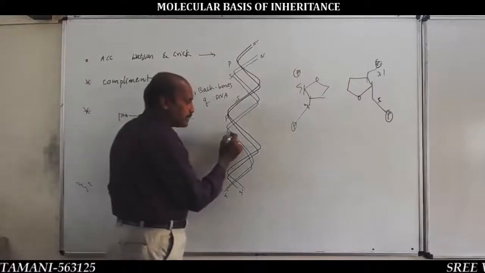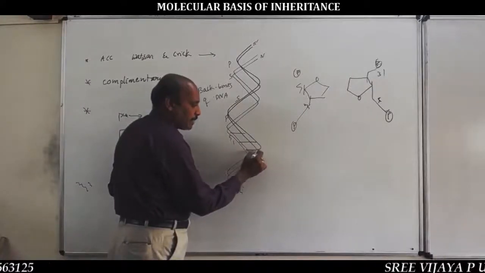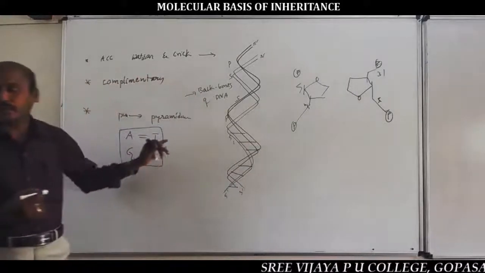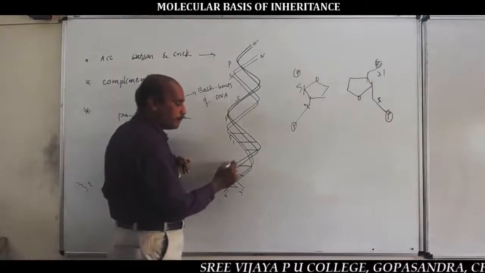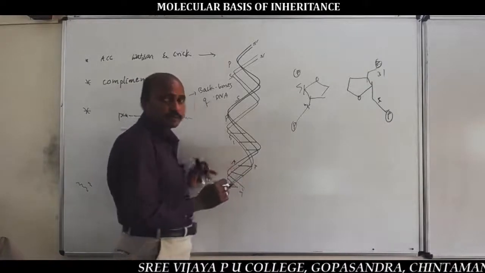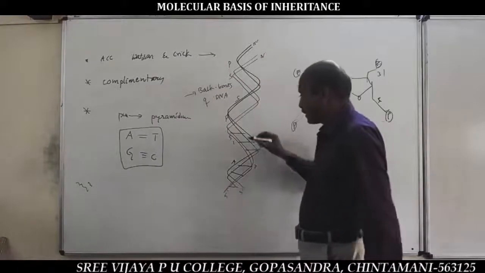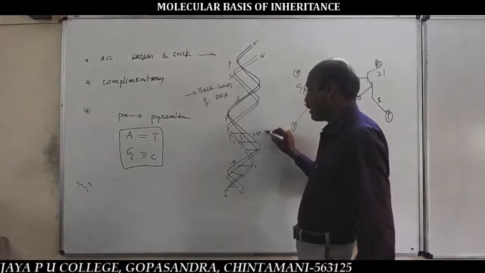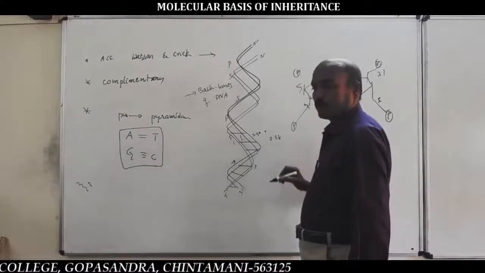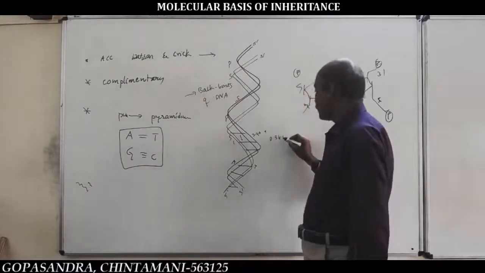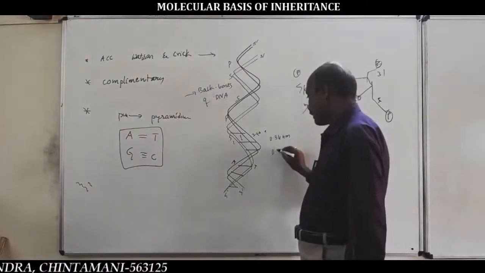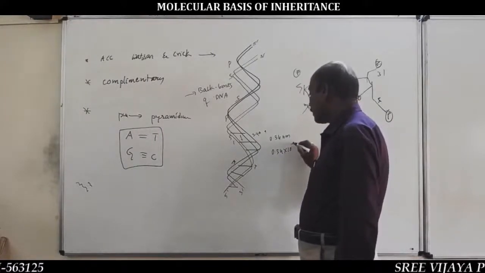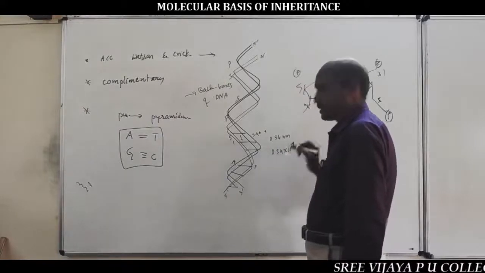And the nitrogen base pairs compose the steps of the ladder, in which the distance between two nitrogen base pairs is 3.4 angstroms, or 0.34 nanometers, or 0.34 into 10 to the power of minus 9 meters.